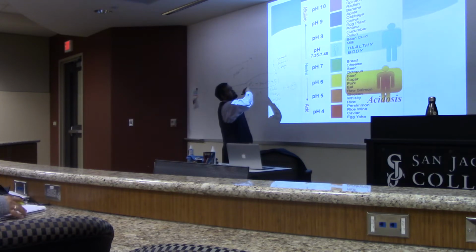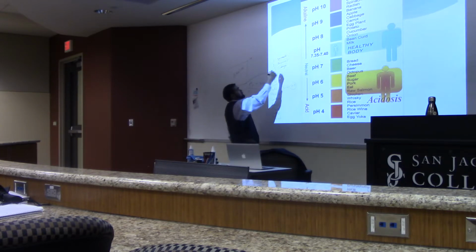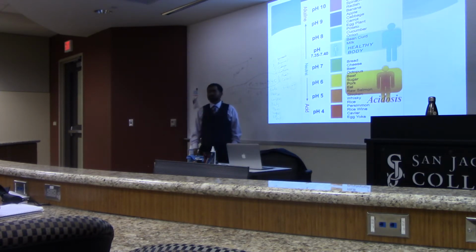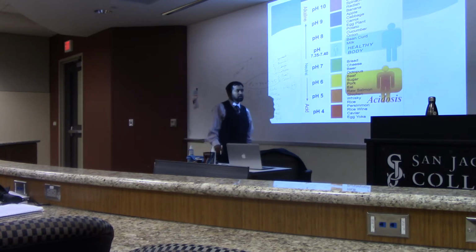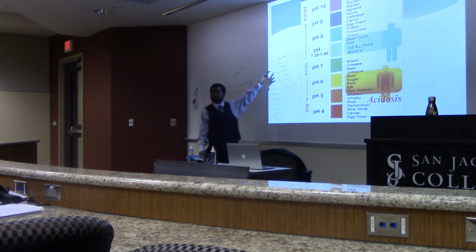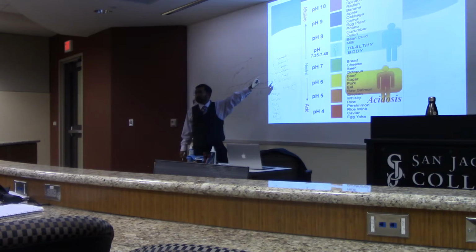Number four is lettuce. And then five is beet, carrot. These are foods. I'm not talking about the fruits, we'll talk about that in a bit. So this is a summary of what your food choice should be on a day-to-day basis.